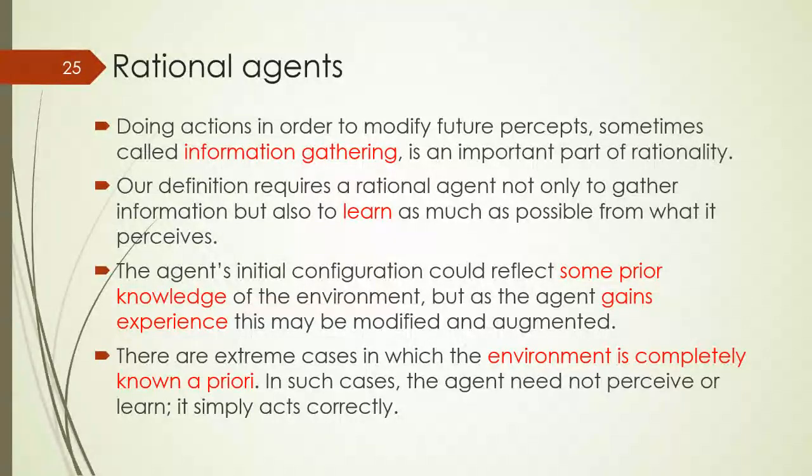With this experience, it might have the capability to build up knowledge. There are extreme cases in which the environment is completely known a priori, before. So if your environment is completely known, for example, in our vacuum cleaner, it doesn't need to build up information about the environment.